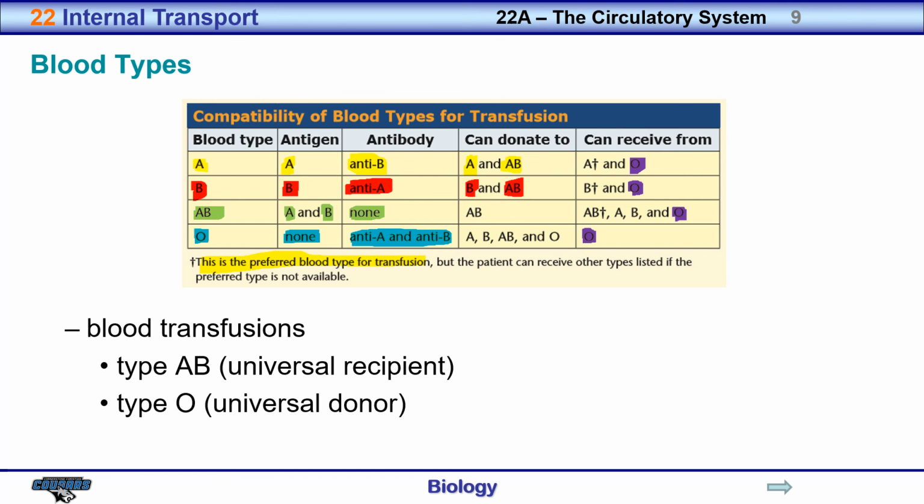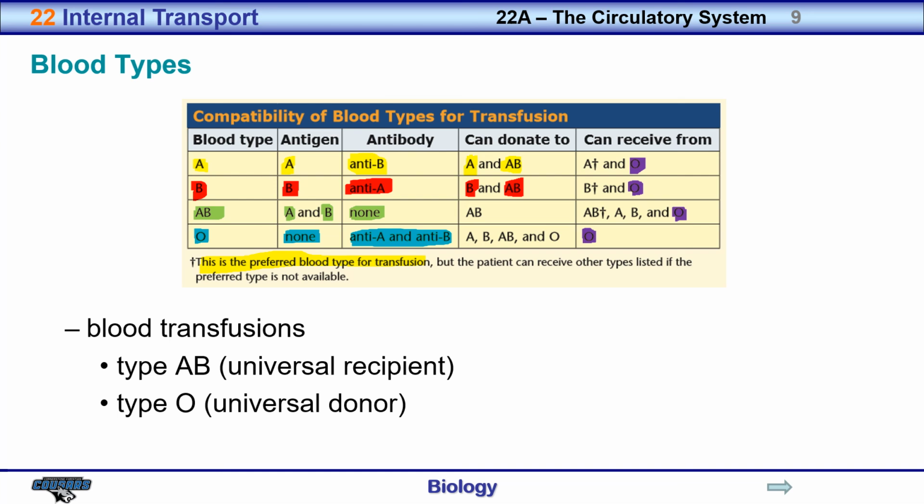AB could be Rh positive or Rh negative, and O could be Rh positive or Rh negative. Some of these combinations of blood groupings, the ABO blood grouping and the Rh factor, are pretty rare and some are pretty common. So it's kind of nice to know what your blood type is so that you could potentially be a donor for blood.